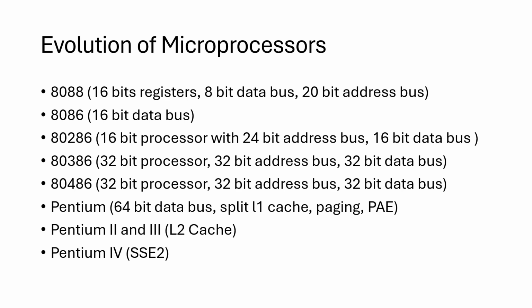After the 486, we have the Pentium. This also has 32-bit registers but a 64-bit data bus, and it has separate caches for data and for memory. After the Pentium, there came the Pentium 2 and 3.